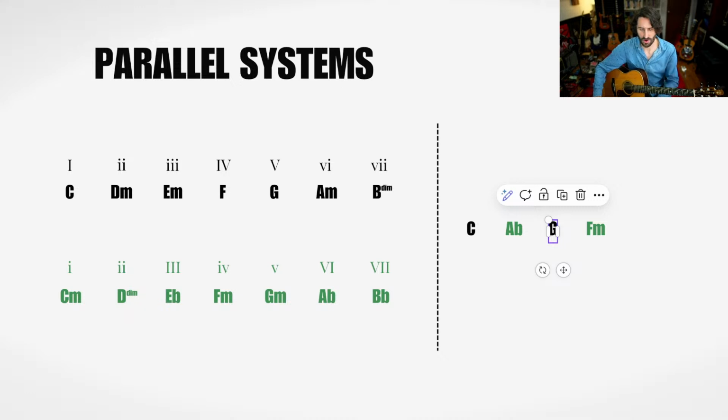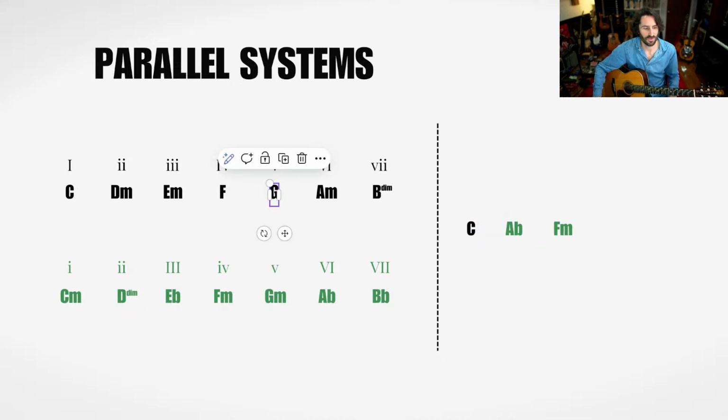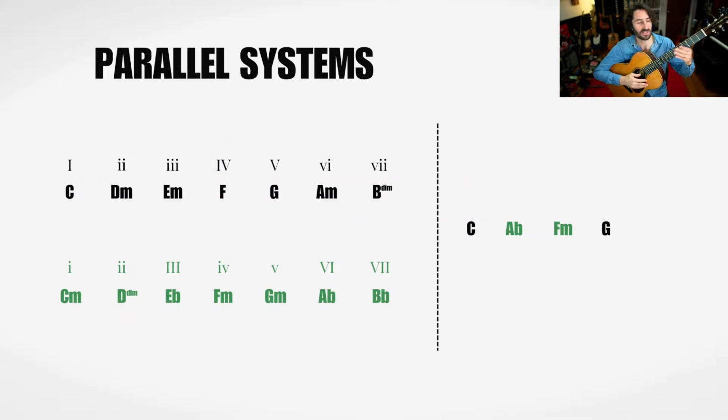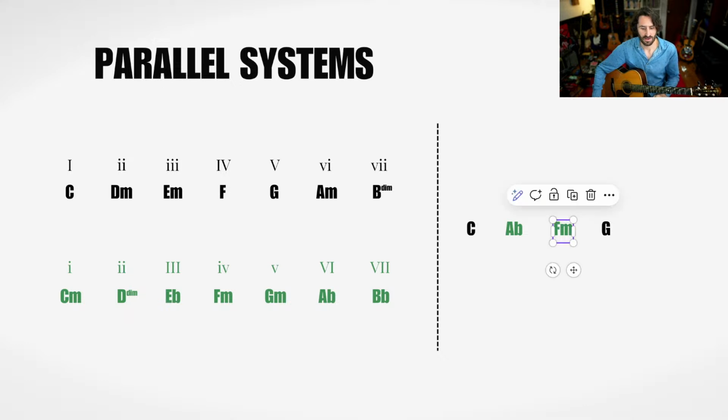Now, if we put two green chords next to each other, what if we do that? Because this is going to be interesting. That sounds great. So we had two chords there from C minor together and they sounded great.